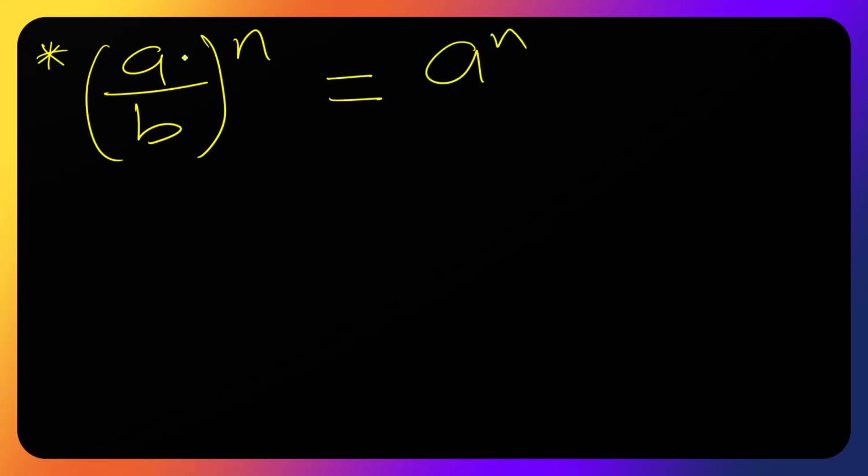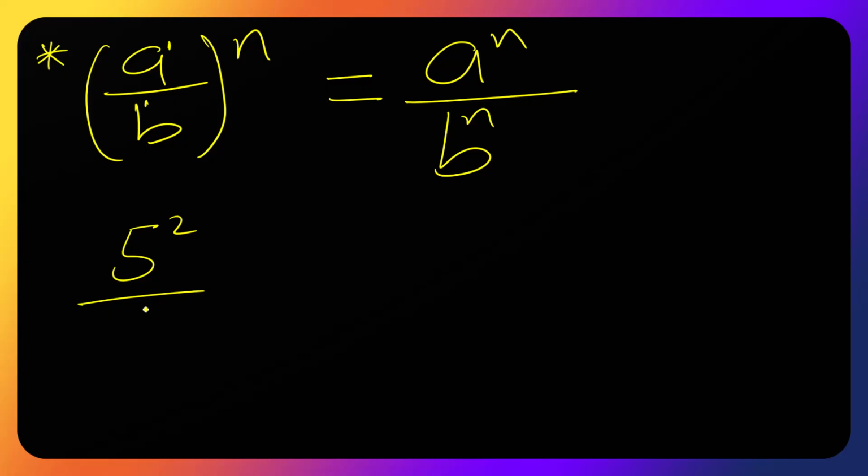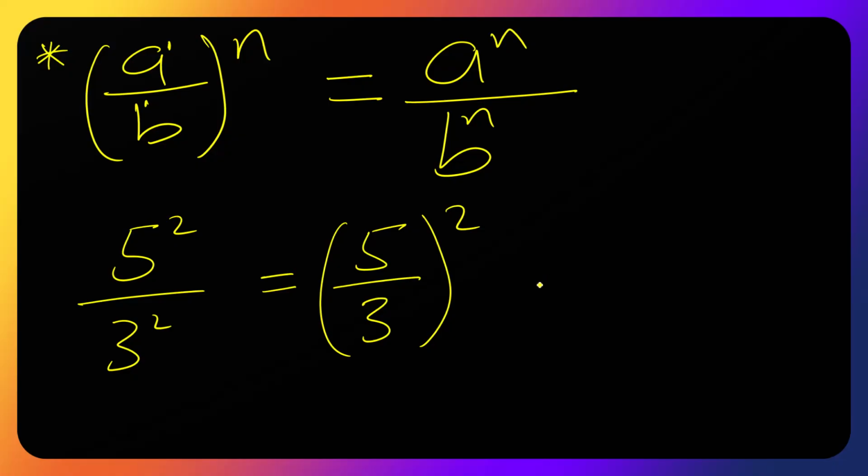Remember, this n will affect both. So 5 exponent 2 on 3 exponent 2 is the same as 5 on 3 all raised to 2. As simple as that.